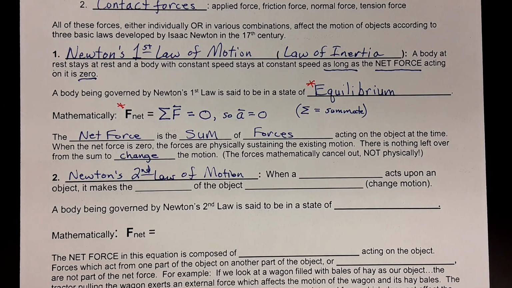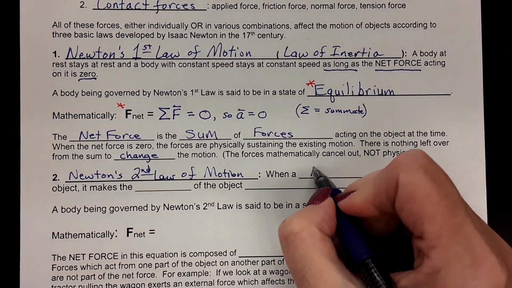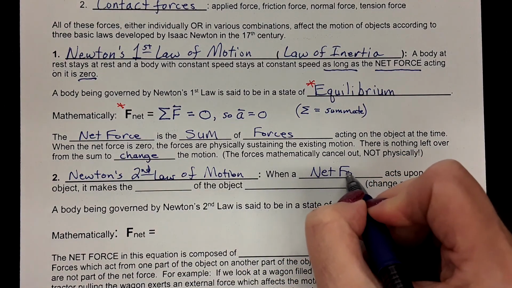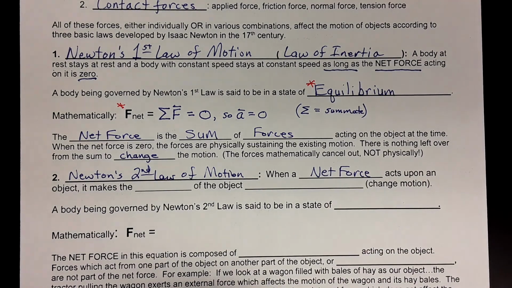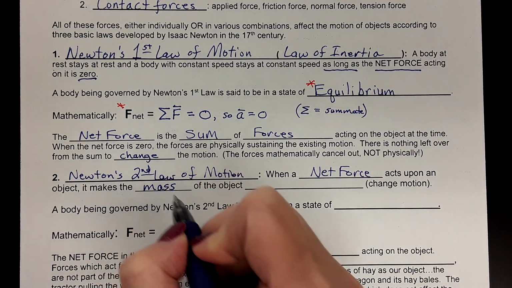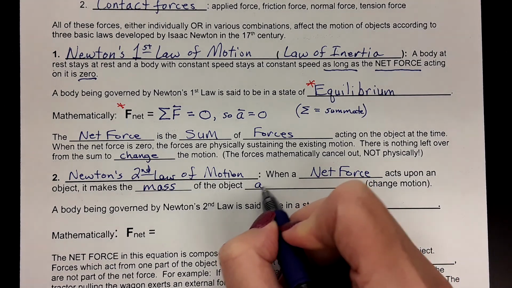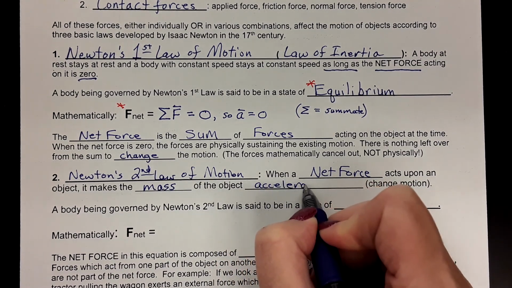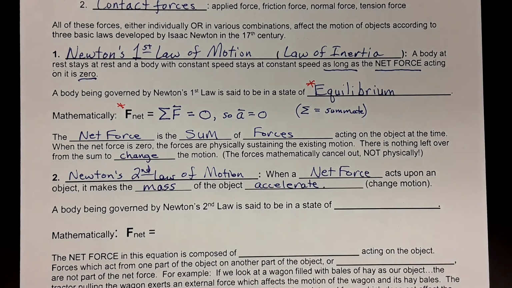What if you add the forces up and there is something left over? Okay? Well, when there's something left over, when there is a net force that is not zero in value, it will make the mass of the object accelerate or change motion.